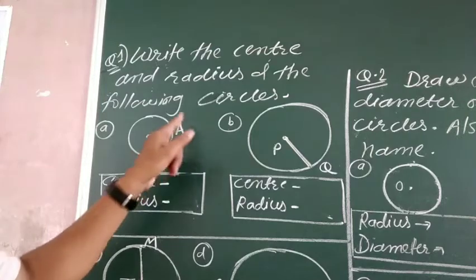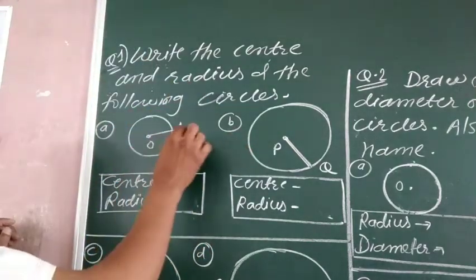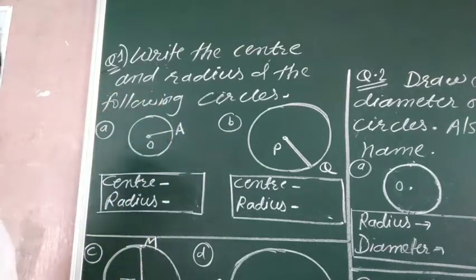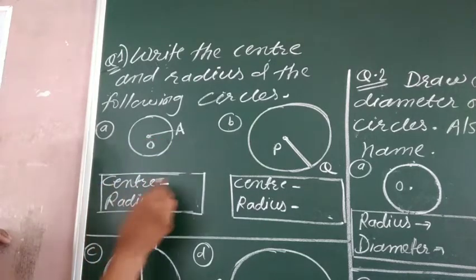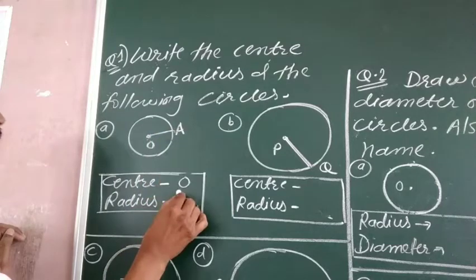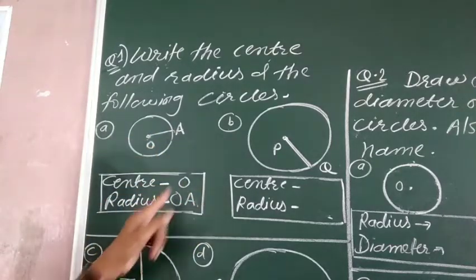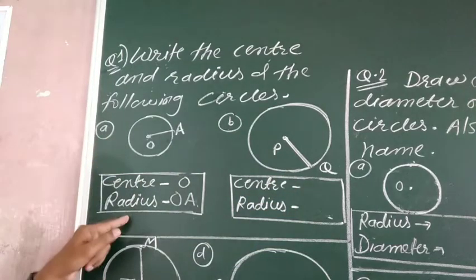Whenever you join any point on the circle with the center point, you get one line segment, and this line segment is the radius. So the center is O, and OA is the radius. This way we can write the name of the center and radius in the remaining circles also. This is about circle A.